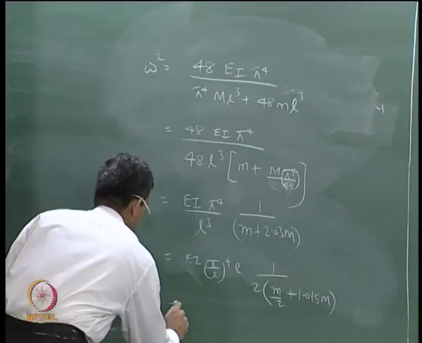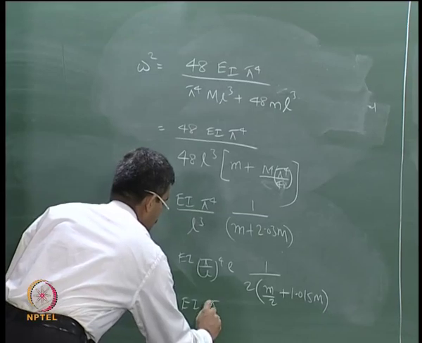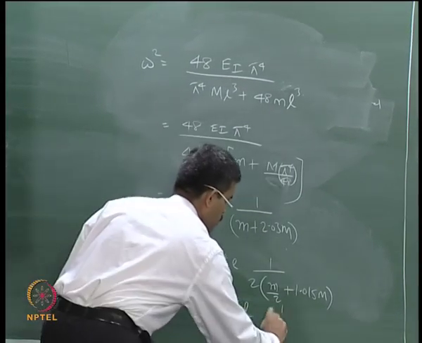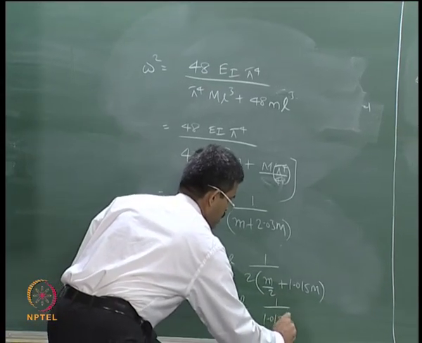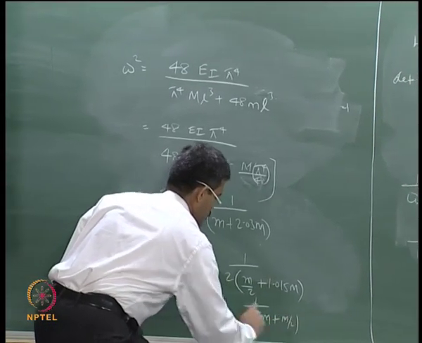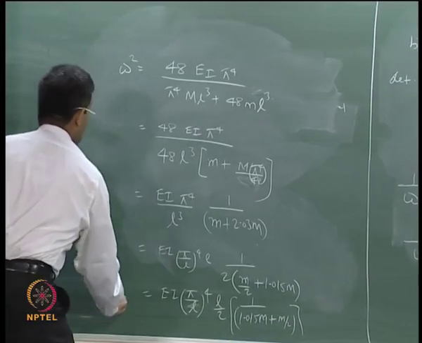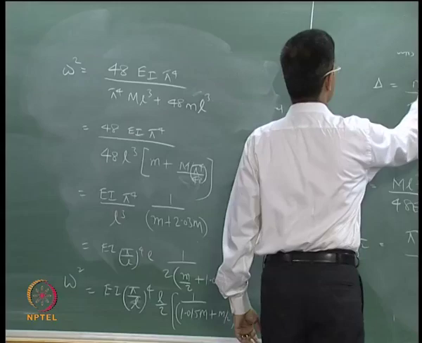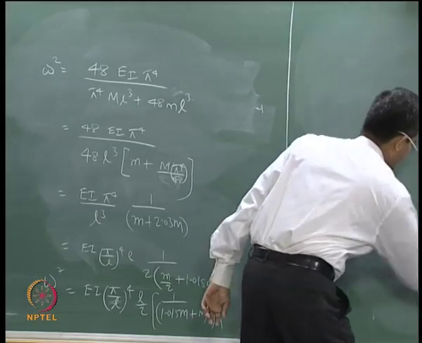So, I can say this as EI pi by L the whole 4 L by 2, 1.015 m plus m by 2, that is my omega square. Let us compare this omega square with what I got from Rayleigh.